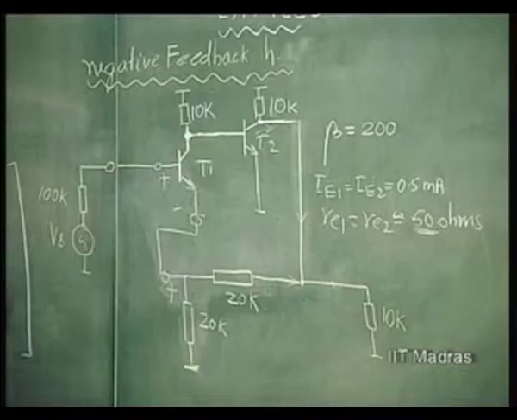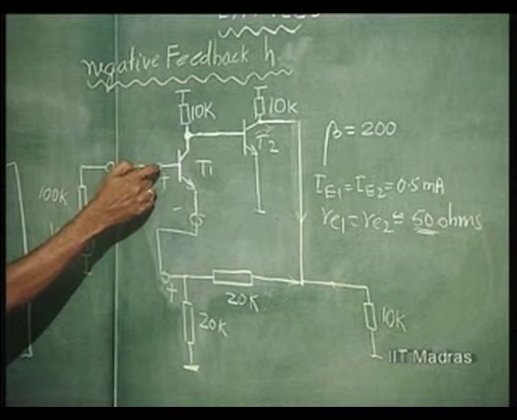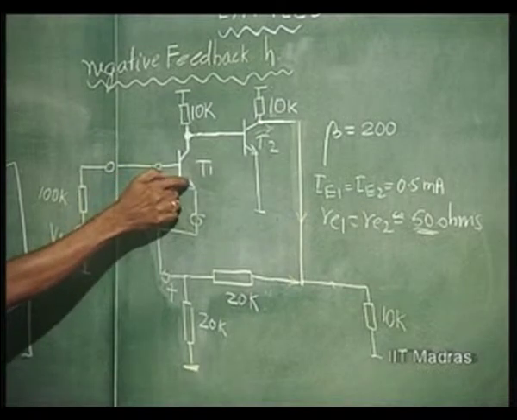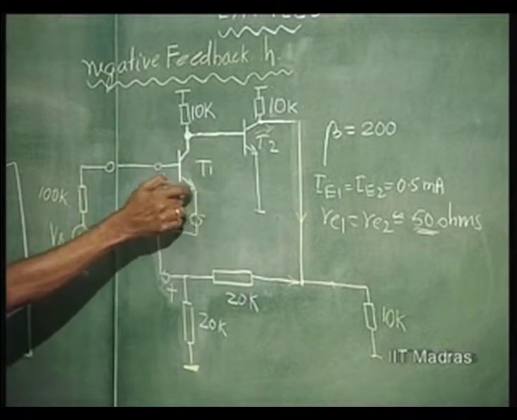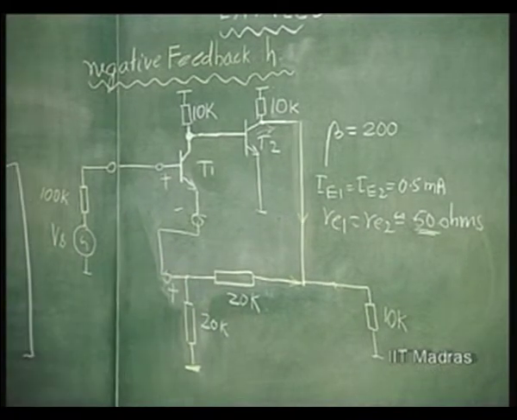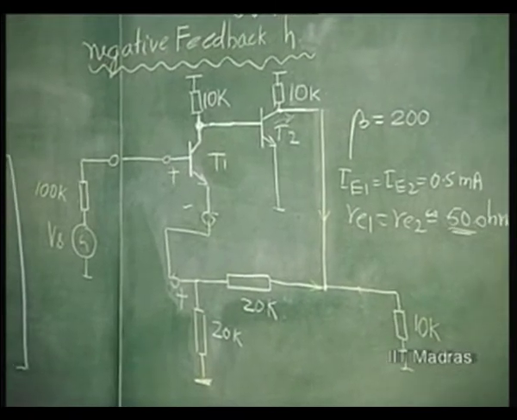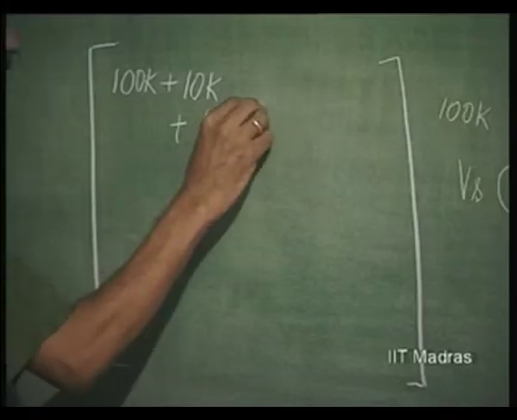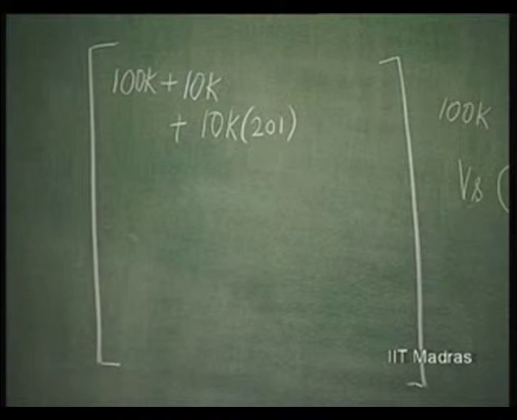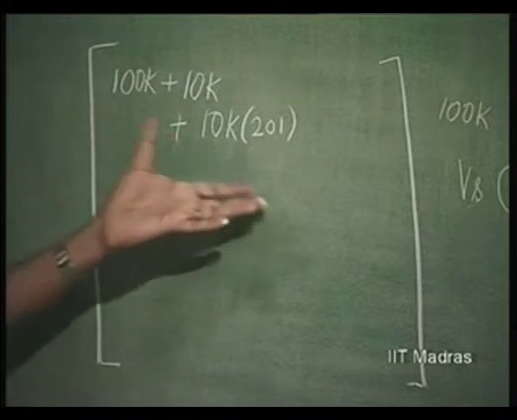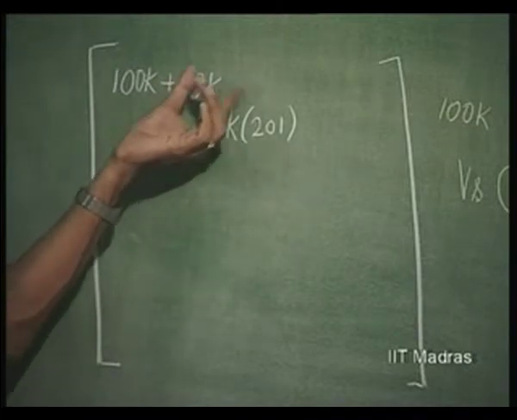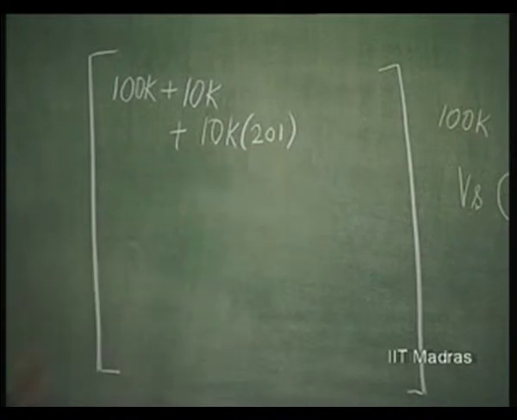So, once again we have the source resistance coming in series with this impedance, right, 100k plus RE1 into beta plus 1 plus R1 parallel R2 into beta plus 1. Right. So, this 10k into beta plus 1, which is again 201, or you can put it there. So, this is the input impedance of the network, RE1 into beta plus 1, this into beta plus 1.